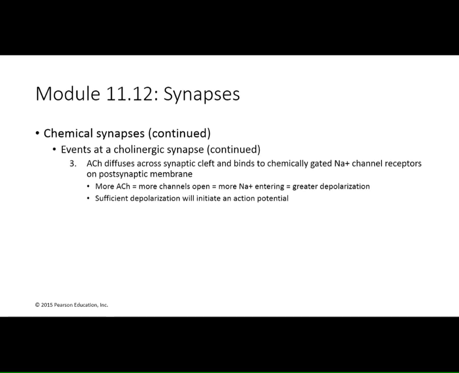And that acetylcholine, ACH, is going to diffuse across and bind to a chemically gated sodium channel. What's going to cause this sodium gate to open? The binding of acetylcholine. So acetylcholine comes across, it's a chemical or ligand-gated channel. It happens to be a sodium channel. Surprise, surprise.